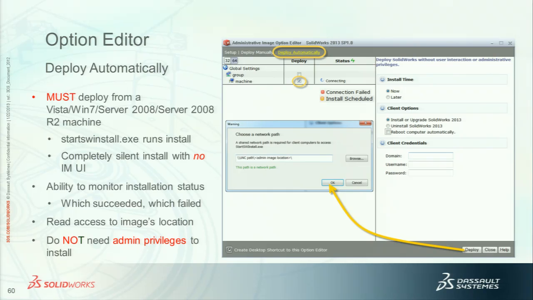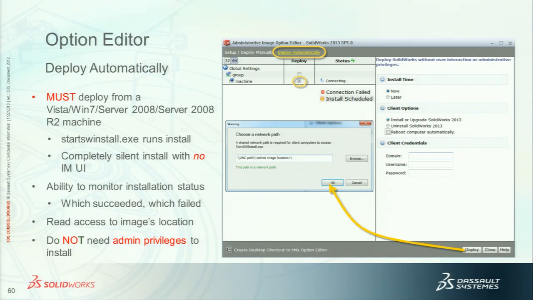And it's completely silent. So the first time I messed around with this, it's not working. You know, I click deploy. I know I'm connecting to the machine right next to me. How come it's not working? What it actually does is it's completely silent. There's no UI. If you actually open up Task Manager, you'll see that the start SW install exe runs the SLDIM exe, and the MSI exec.exe is also running, and it's chugging away.